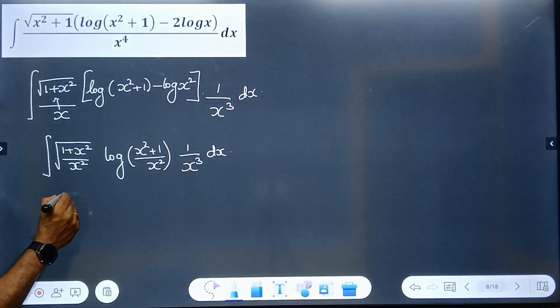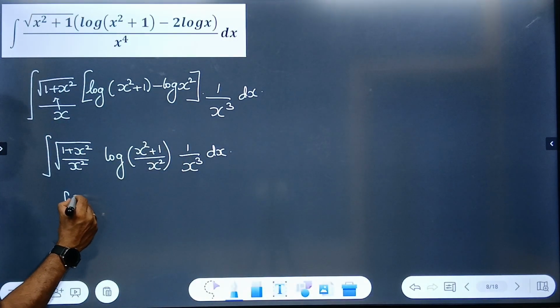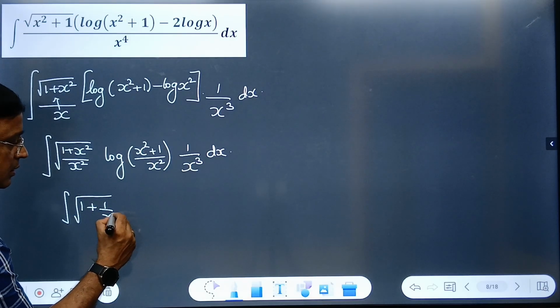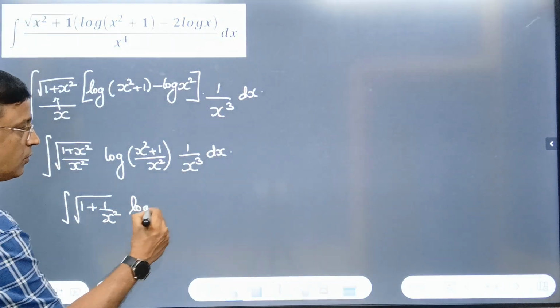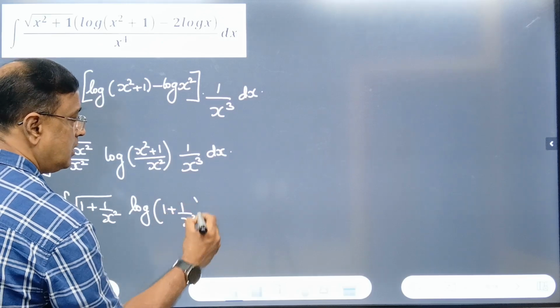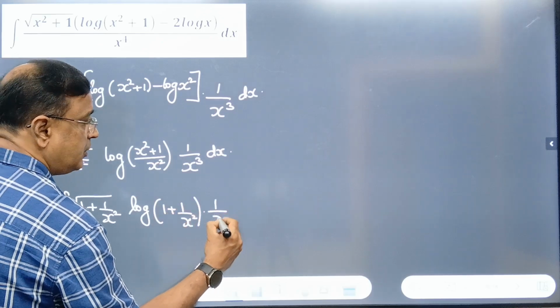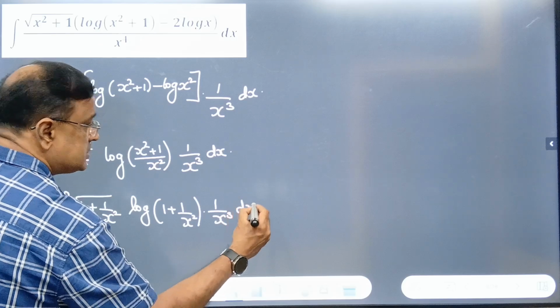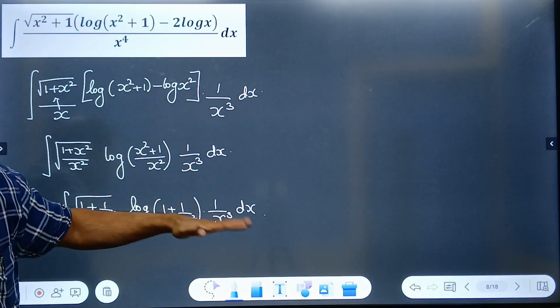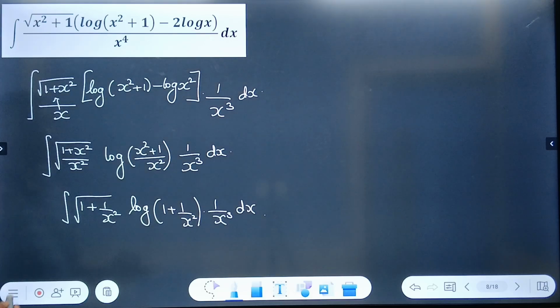So now this will be integral root of 1 plus 1 by x square log of 1 plus 1 by x square 1 by x cube dx. So I have simplified this problem to here. Now I am going to make substitution.